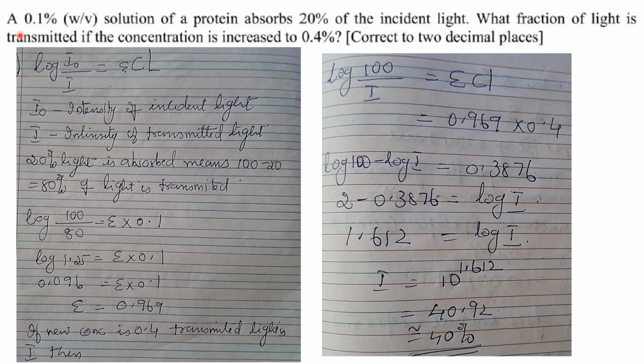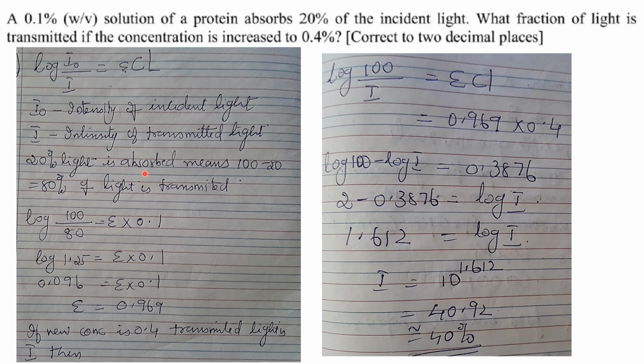Then next one. A 0.1% weight by volume solution of a protein absorbs 20% of the incident light. What fraction of light is transmitted if the concentration is increased to 0.4%? So there is a formula from Beer-Lambert's law: log I0 by I is equal to epsilon Cl, where I0 is the intensity of incident light, I is the intensity of transmitted light, epsilon is the molar absorption coefficient, C is the concentration, and L is the path length.